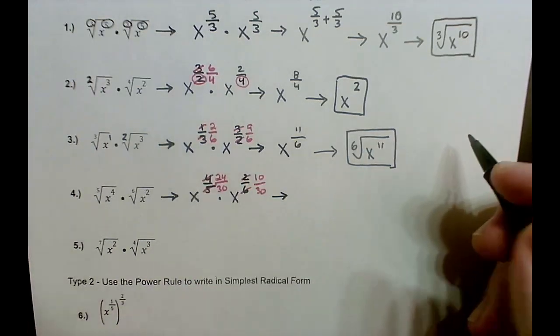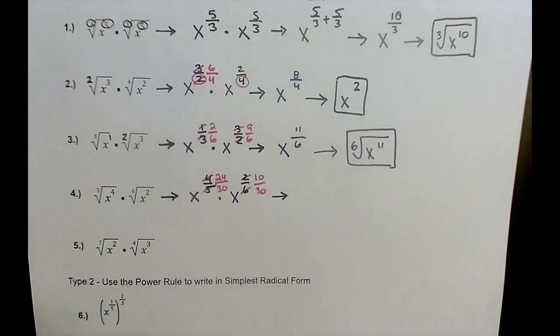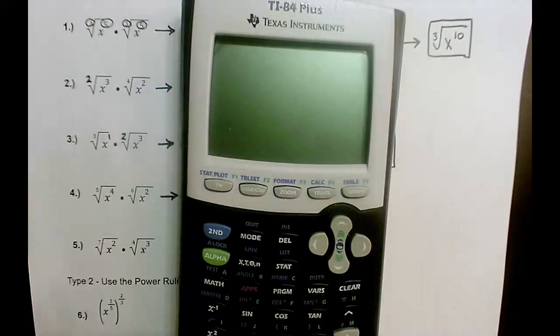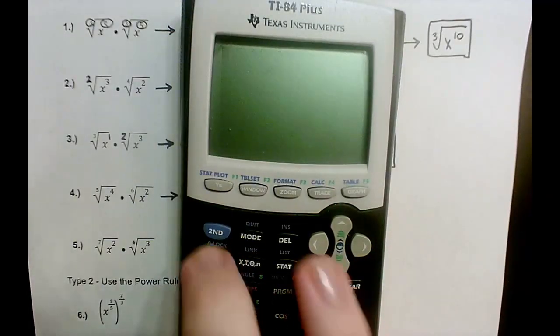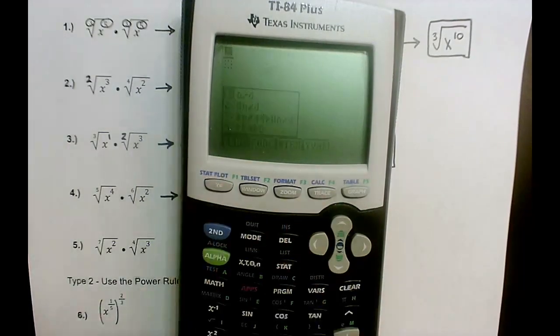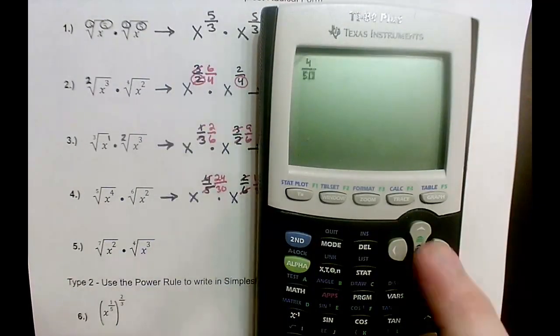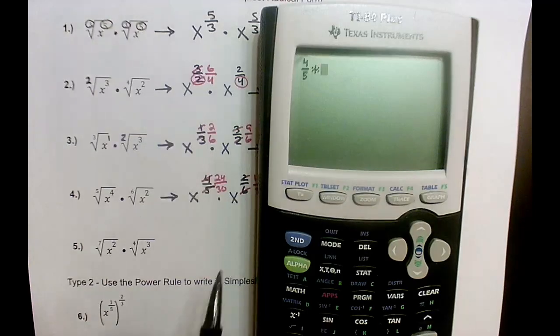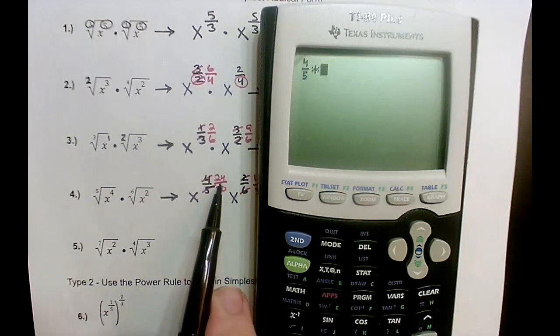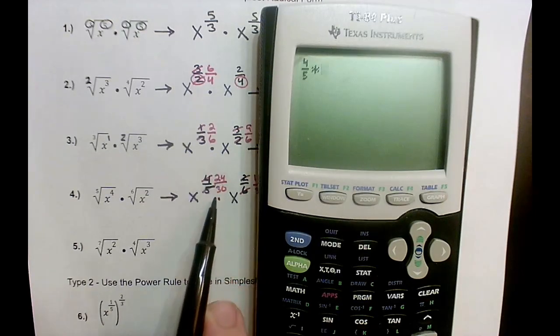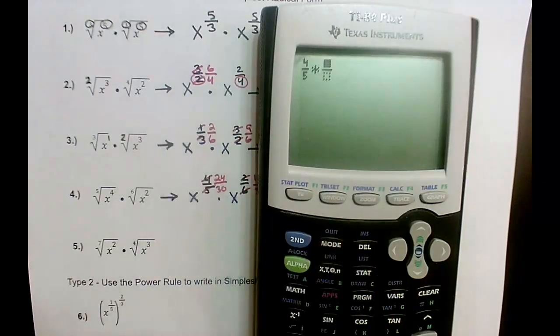And the reason that I want to multiply the top and bottom numbers by the same number is because, for example, 4/5. If I multiply 4/5 by 6 on top and 6 on the bottom, I'm doing this so that I have an unsimplified fraction, so I have common denominators.